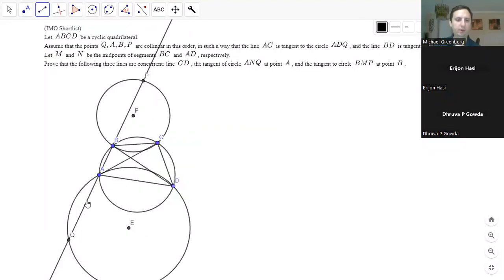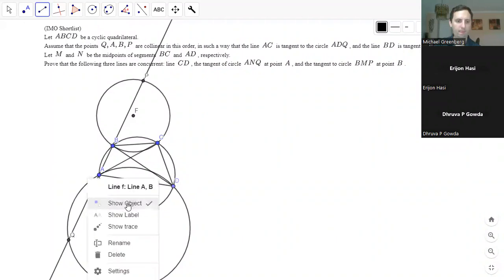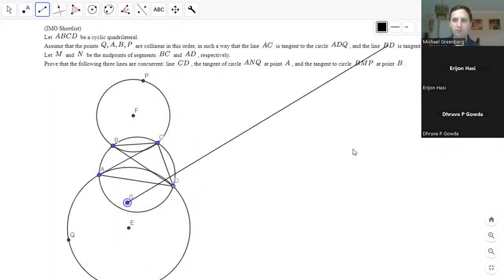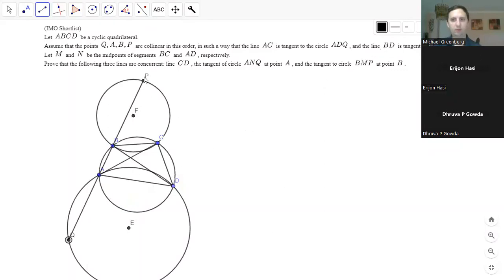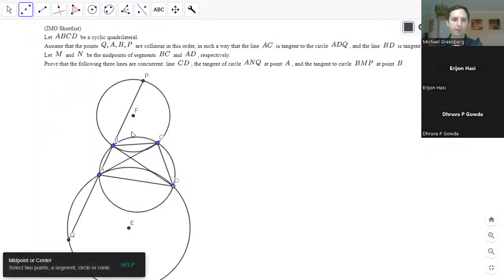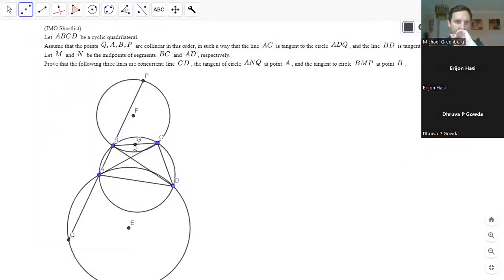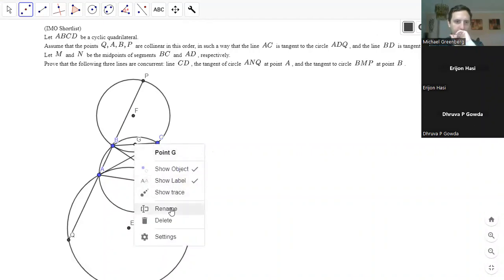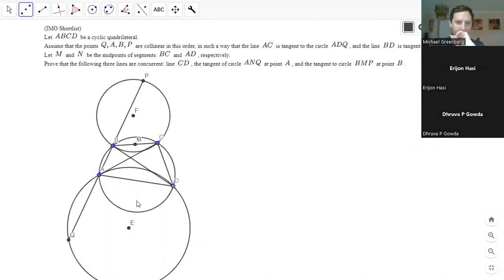We could just keep the centers. Let's just connect these, and I think we have it. So M and N are the midpoints of PC and AD. This should be M, and this should be N.